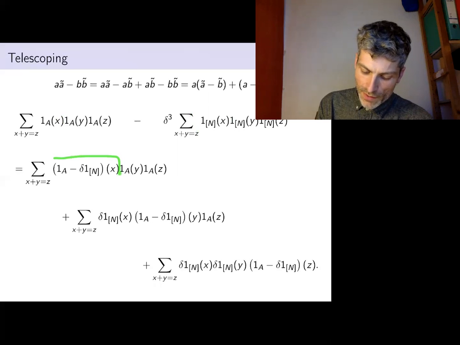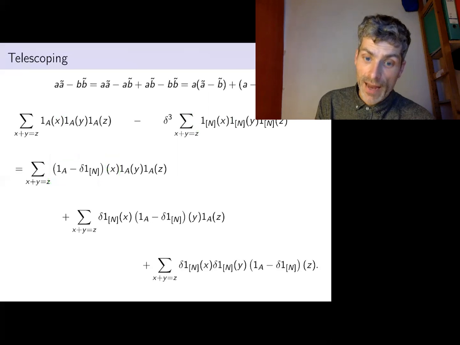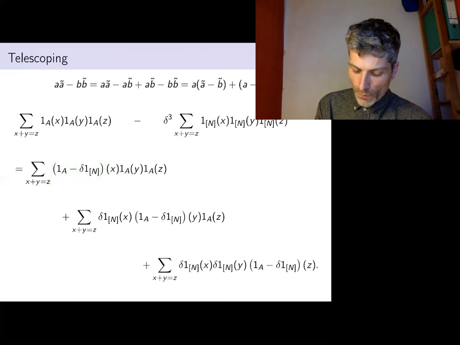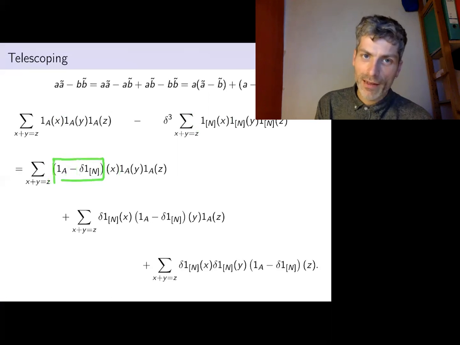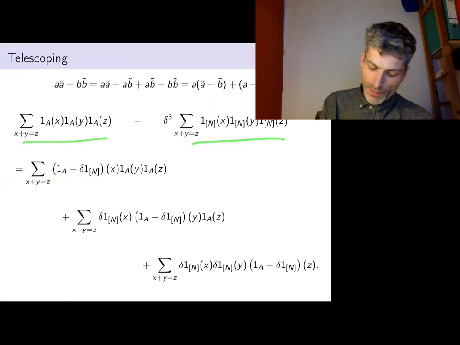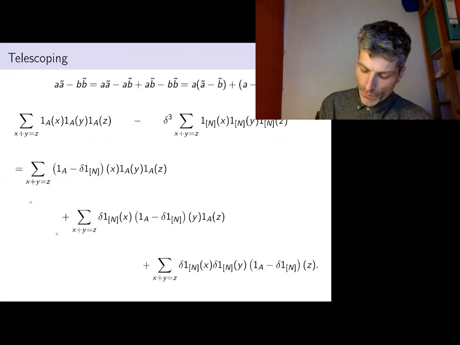So we call this function here the balanced function of our set A. It's the indicator function of the set minus the normalized indicator function of the interval. This has got mean 0, so we call it balanced. And this difference here can be expressed as 3 sums.